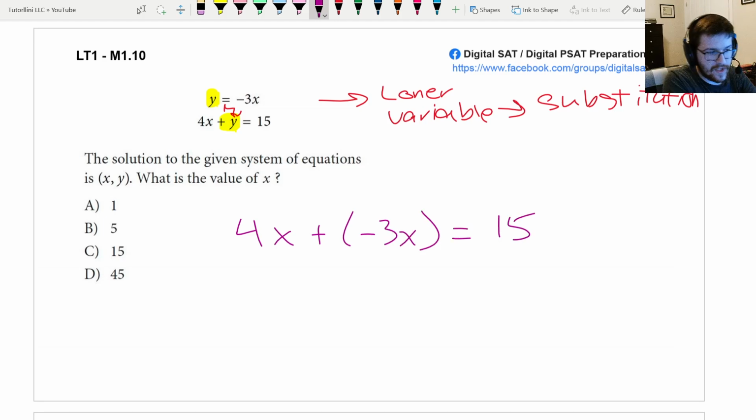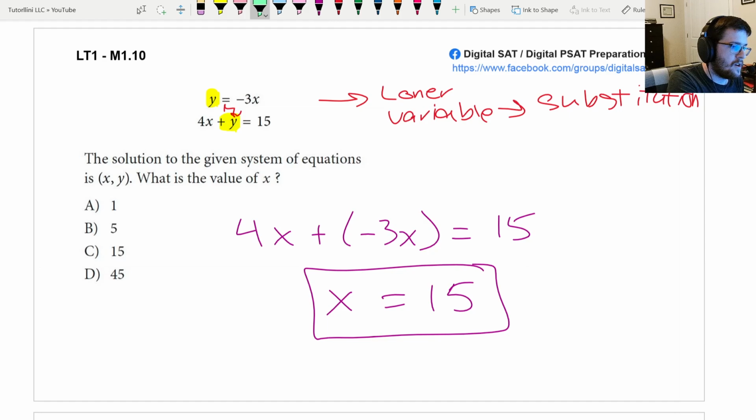See how I just wrote the second one, but instead of writing y, I wrote negative 3x. So whichever one's by itself, you take it and you plug it into the other equation. All right, 4x plus negative 3x, that's just 1x, which is 15. And that is answer choice C. And let's check, that's right.